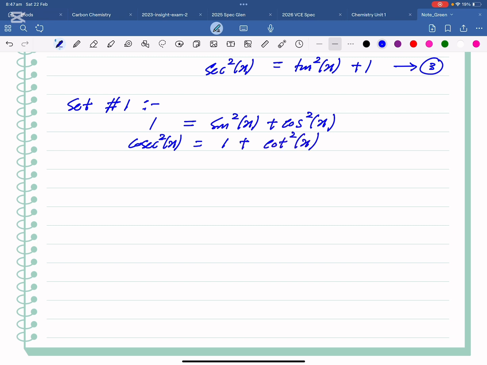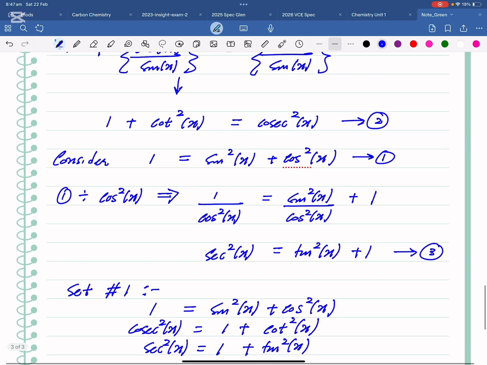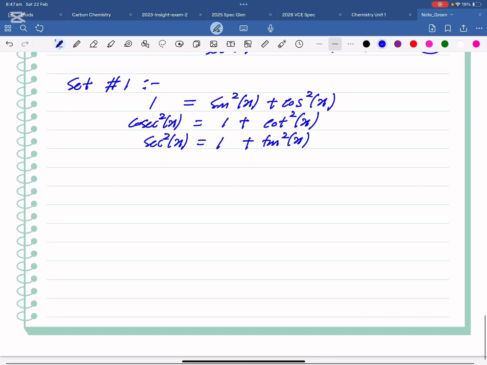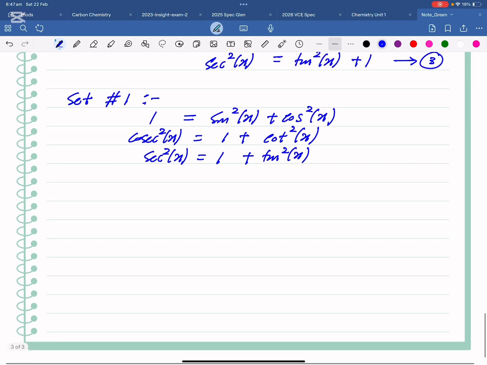Then we got sec squared x is equal to 1 plus tan squared x. These are the initial identities. So we call it set 1.